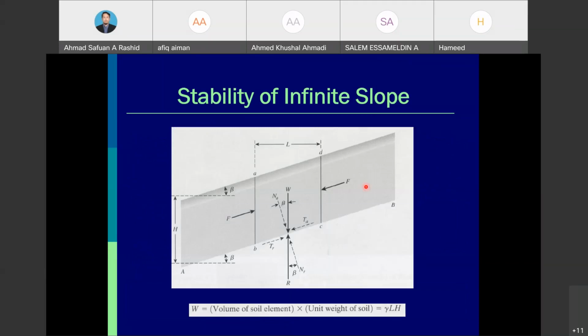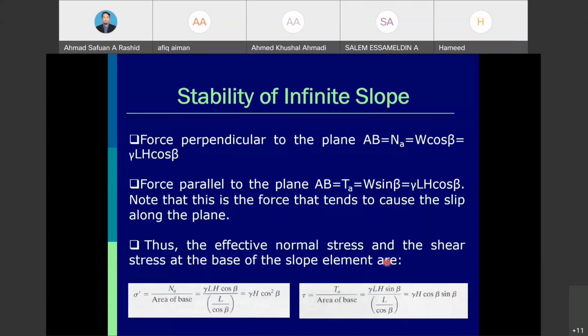So this Na is equal to W cos beta. So this is beta. So then the W that we obtain here is gamma LH, so we need to multiply with cos beta.